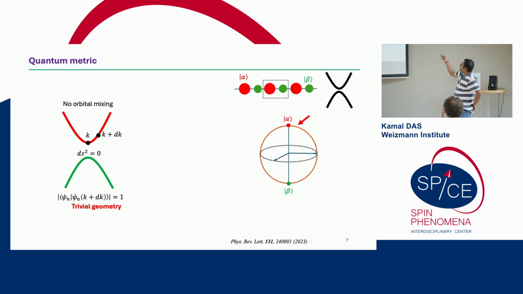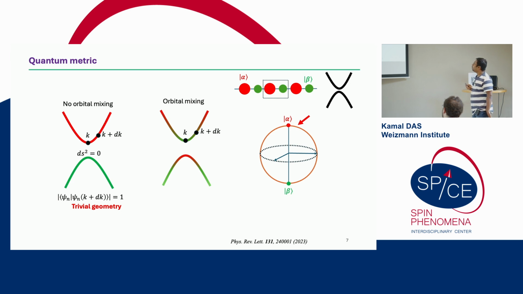Since you are looking at a particular pole of this Bloch sphere, you will find that the distance will be 0, and in such a case we call it trivial geometry. Okay? But if you consider a system where there is orbital mixing, then the distance between k and k plus dk will not be 0, and the system will have some non-trivial geometry. So basically we are looking somewhere in the middle.